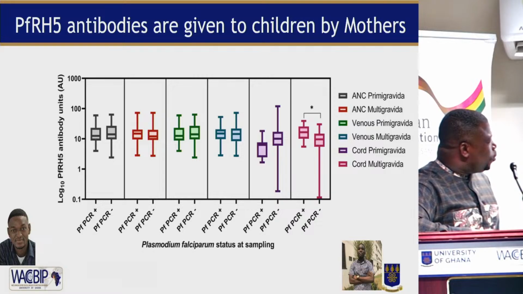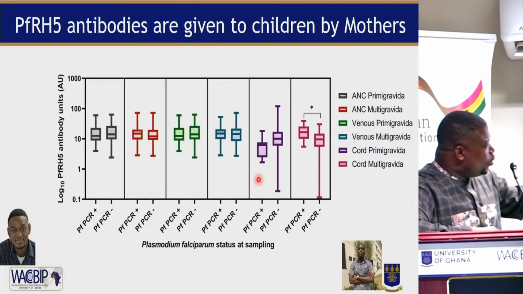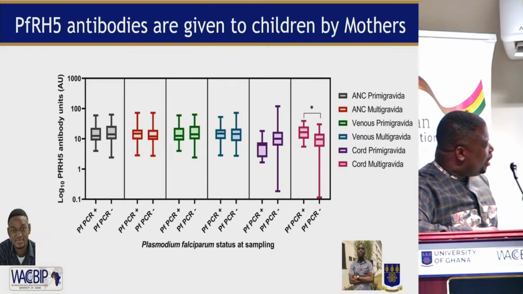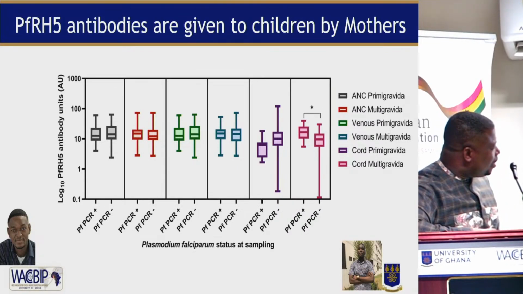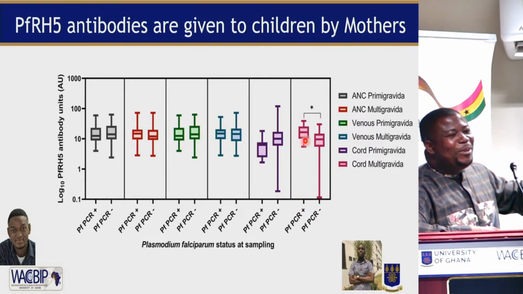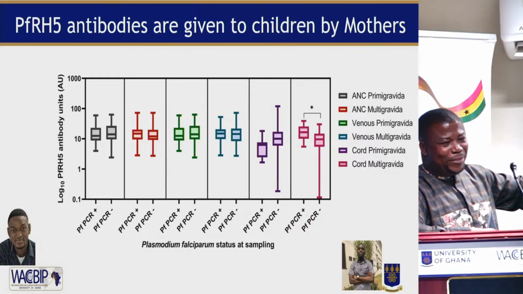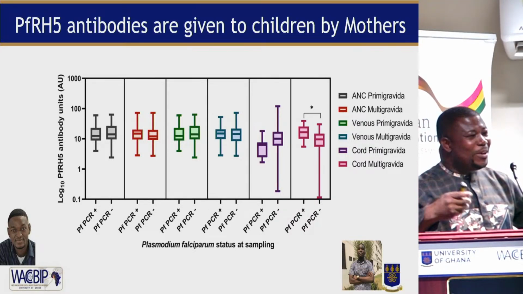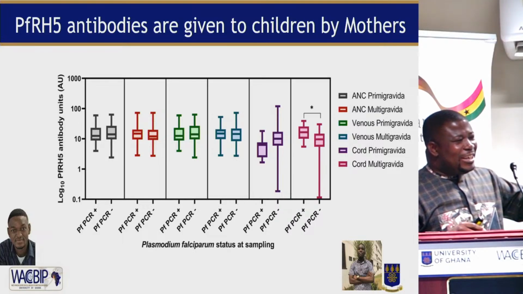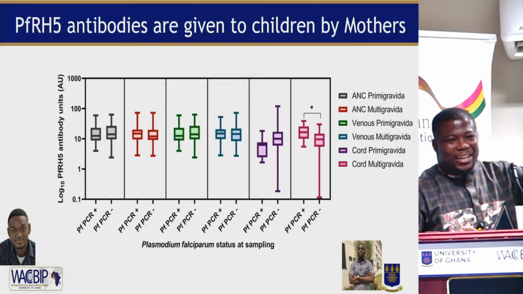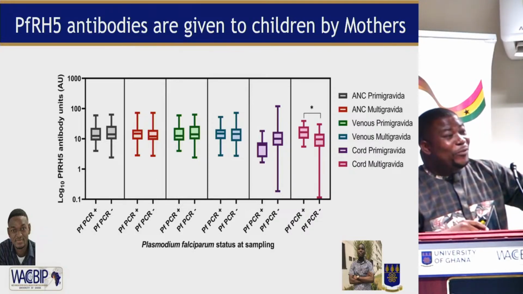But when you go to children, the newborn, what will it be? What we have been able to show is that in newborns of mothers who already have malaria, they acquire some level of antibodies to RH5. So the first 6 months of protection that we always describe, there is a taste of RH5 in the cocktail of antibodies that the infant inherits from the mother.